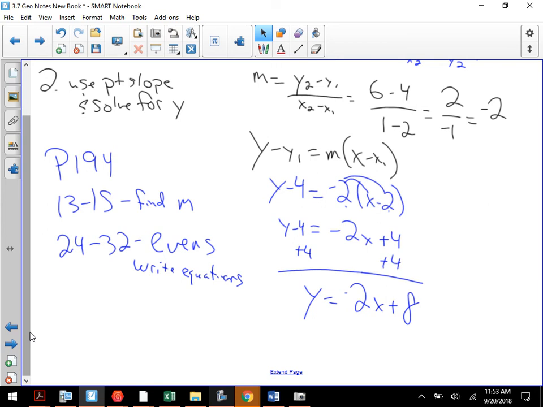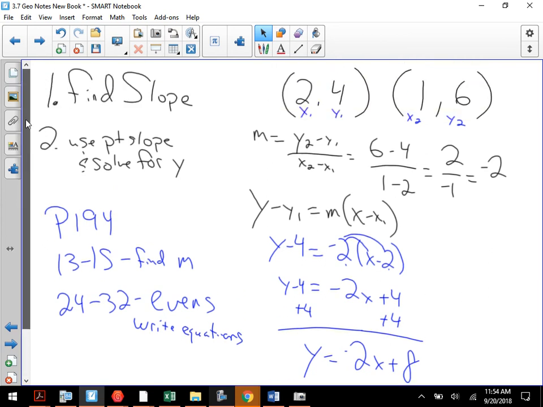This one is slope intercept form. That's if you have a slope and an intercept right off the bat, where m is your slope, b is your y-intercept. Here is when you have a point and a slope. I used point slope to get to slope intercept, because we can put all of our answers into slope intercept.